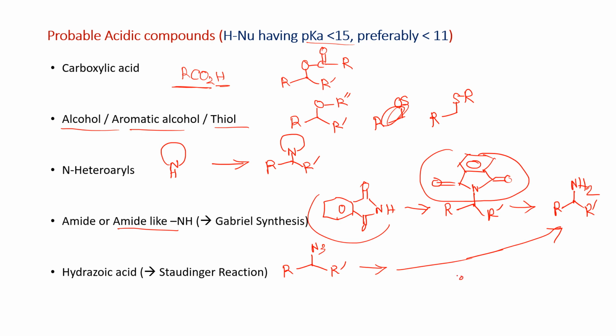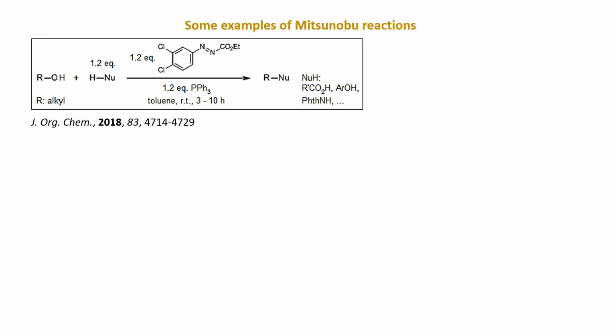Active methylene means there will be some CH2 group, and on both sides if you have some strong electron withdrawing group, then also this compound can act as HNu, or there may be one more group also, but one hydrogen must be present, right? Now we will see some examples from some research papers.